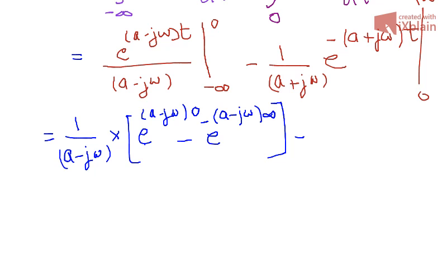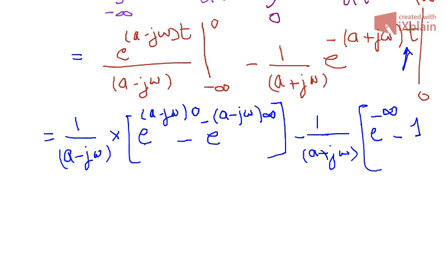Now the second term: the upper limit is infinity, right? So 1 over a plus j omega, and for the upper limit you have e raised to the power minus infinity, minus e raised to the power 0, which is actually 1, right?